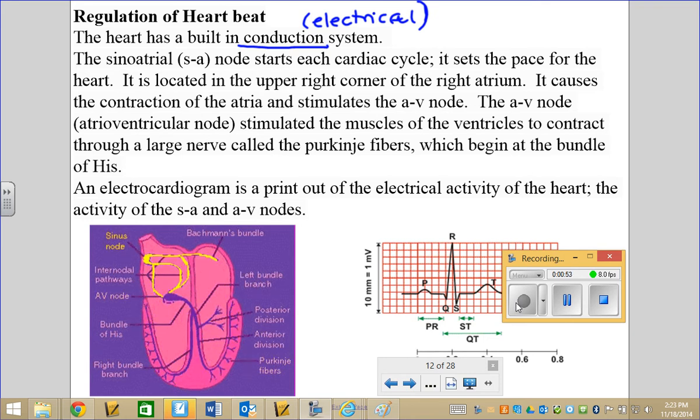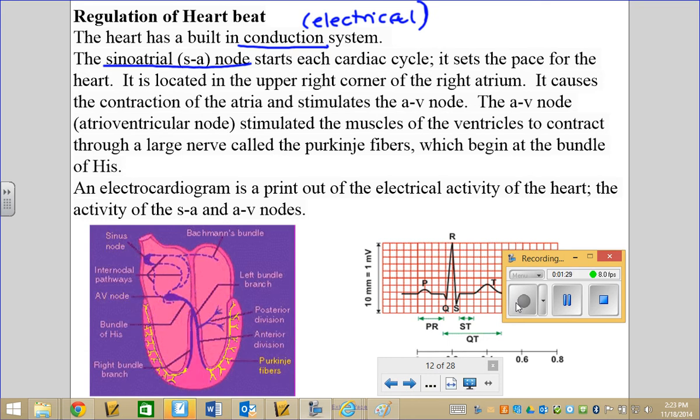So when we look at your heart, there are a couple of spots where we have a piece that's particularly important to the regulation of your heartbeat. First, we have what is called your sinoatrial or SA node. Now, when we look at your heart, your SA node, like it says here, is in the upper right corner of the right atrium.